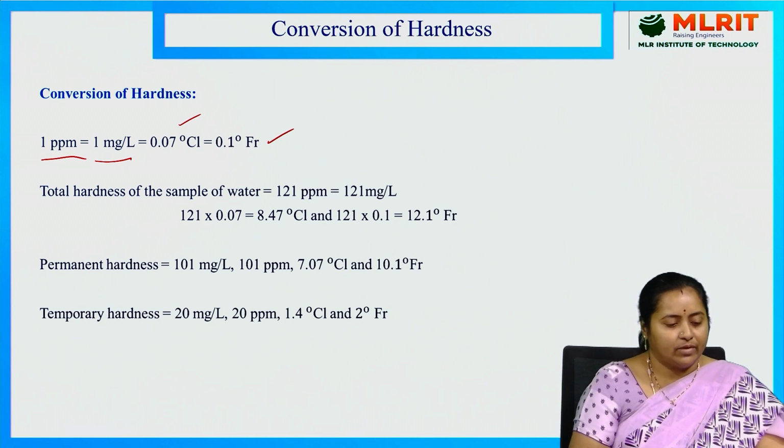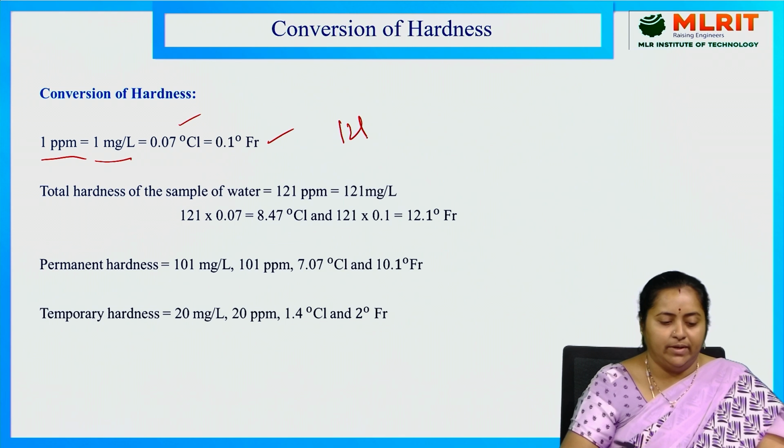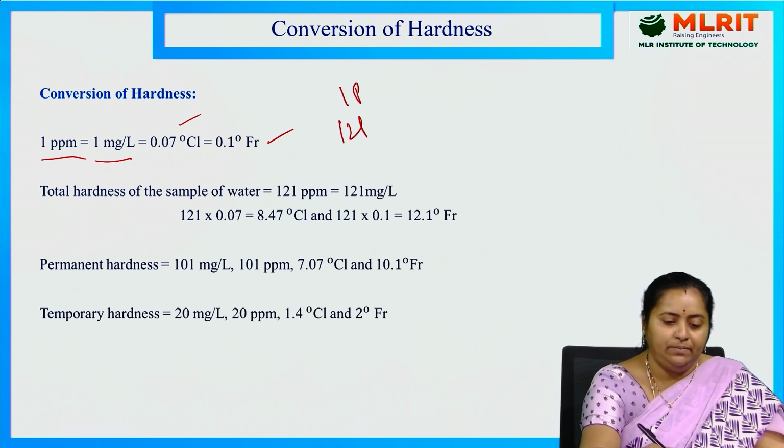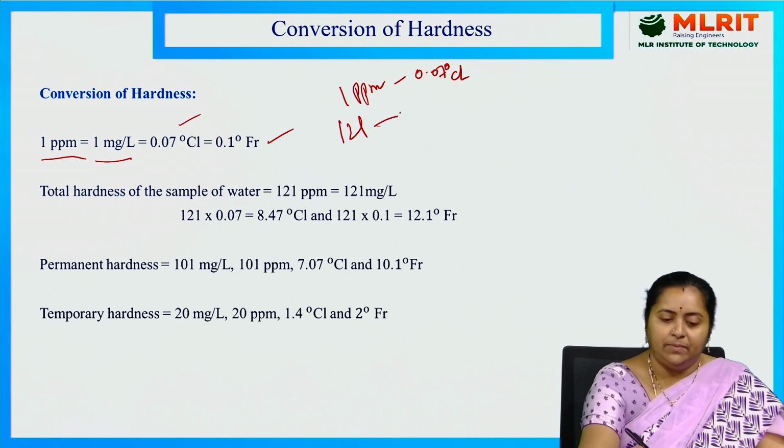So we got the total hardness as 121. So for 1 ppm it is equal to 0.07 degree Clark, right? So for 121 ppm it will become equal to 121 into 0.07 degree Clark.